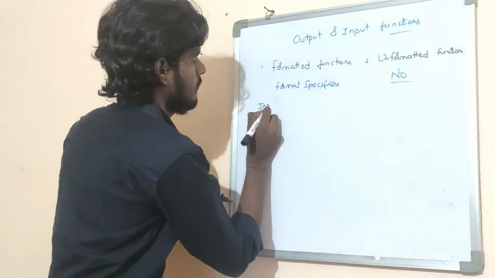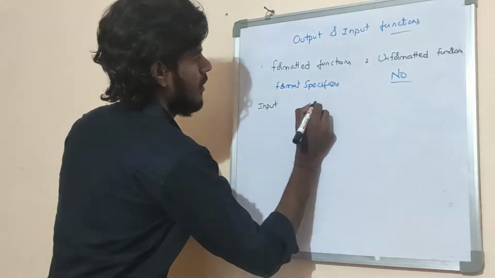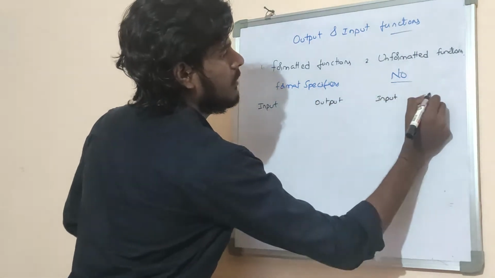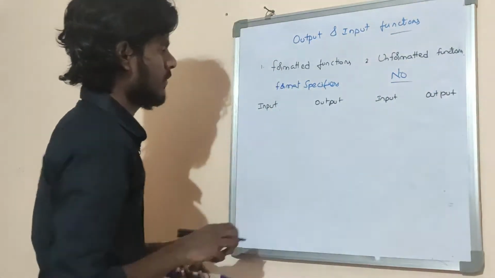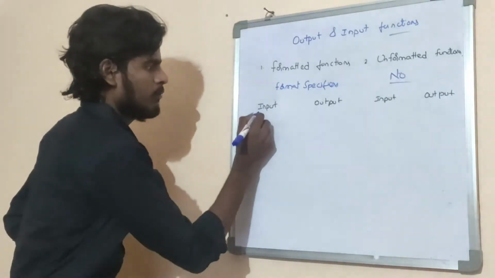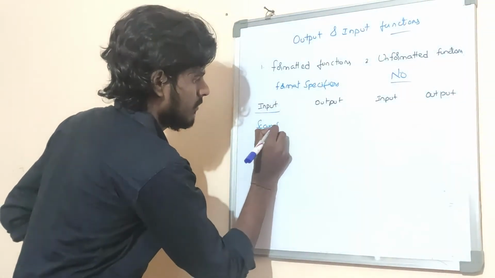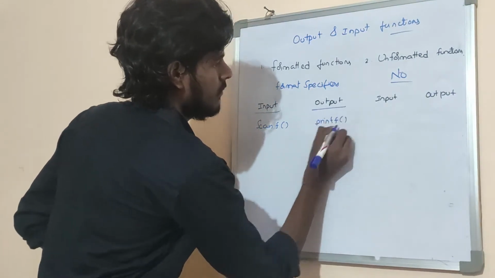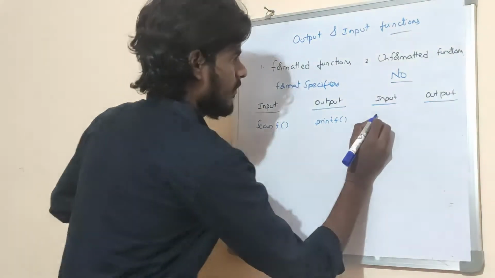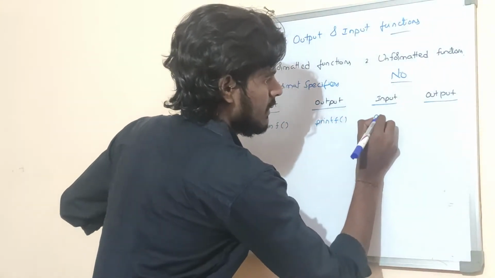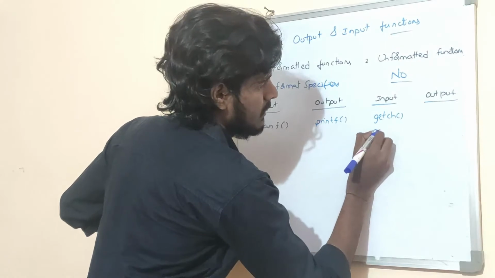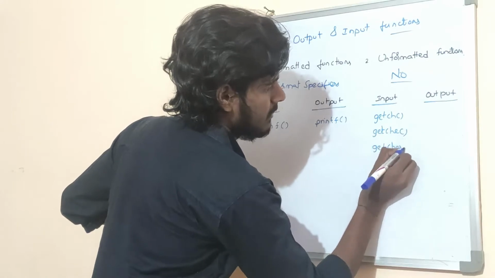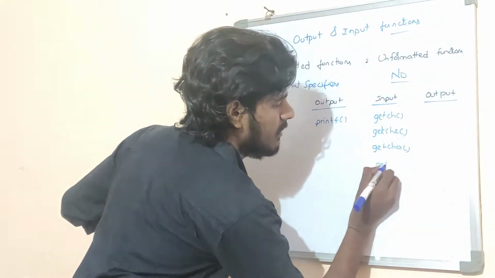Okay, what are the various input and output functions? In formatted functions, the input function is scanf and the output function is printf. In unformatted functions, the input functions are getch, getche, getchar, and the final one is gets.